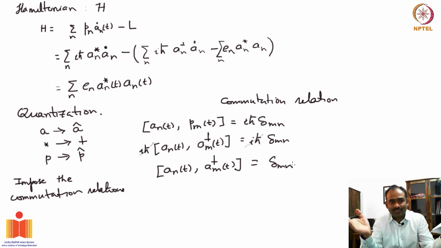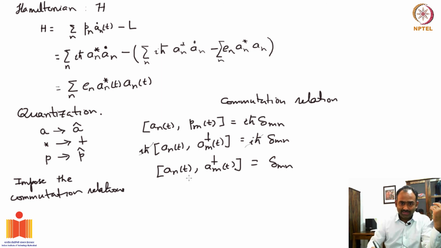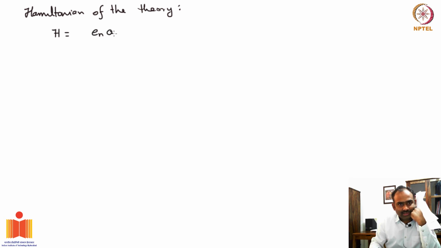So the Hamiltonian of this quantum mechanical system, which we have found by quantizing the classical action whose classical equations of motion are the Schrodinger equation, that Hamiltonian H is now summation over n En an dagger an of t.